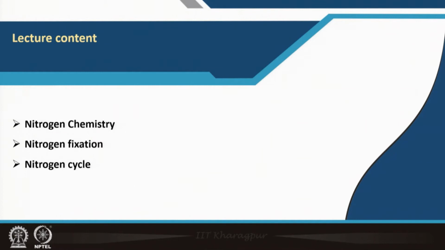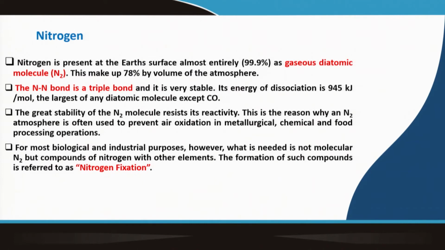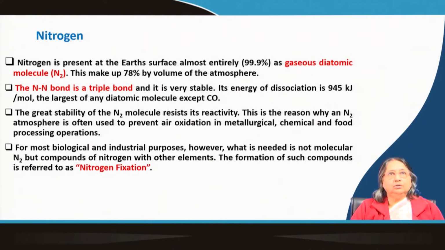So, the lecture content is nitrogen chemistry, nitrogen fixation and the nitrogen cycle. We all know nitrogen. Nitrogen is present at the earth's surface almost entirely as a gaseous diatomic molecule.